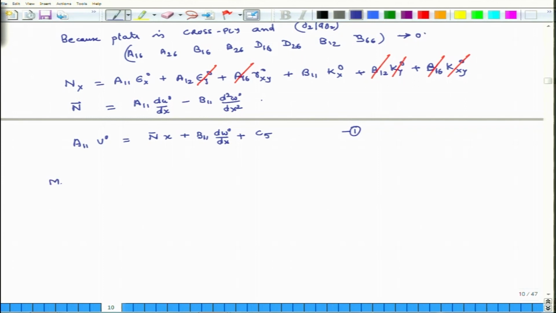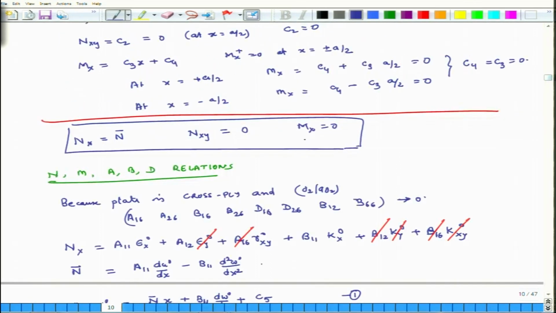Similarly, if I expand Mx, Mx is equal to B11 du naught over dx minus D11 d2w over dx square, because all other terms involving epsilon y, gamma xy, ky and kxy will be 0. So this is the only term left, and this is equal to 0. Why is it 0? Because we have seen that Mx comes out to be 0 in the plate.